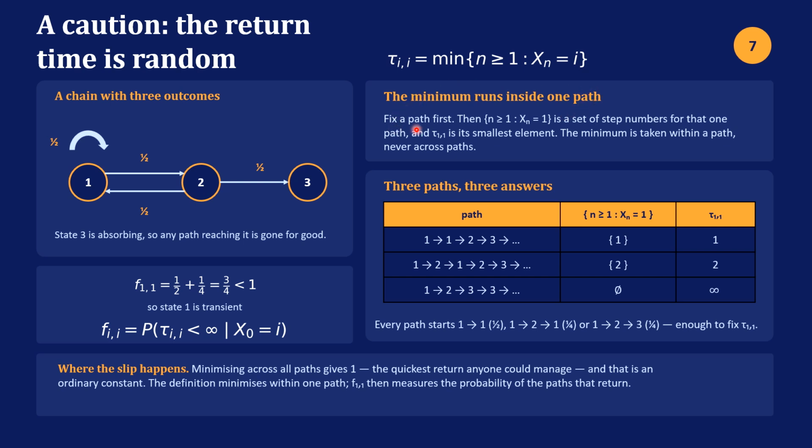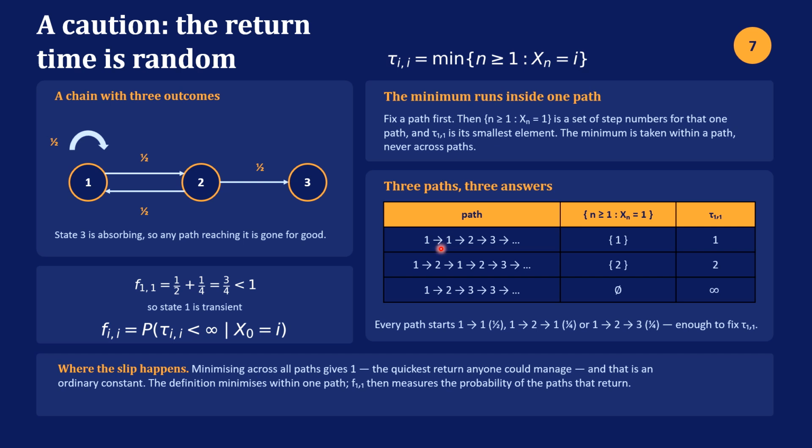So you fix a path first, and I have some examples I'll get to in a second. Then this quantity here is a set of step numbers for that one path, and tau sub 1,1 is the smallest element. The minimum is taken within a path, never across paths.